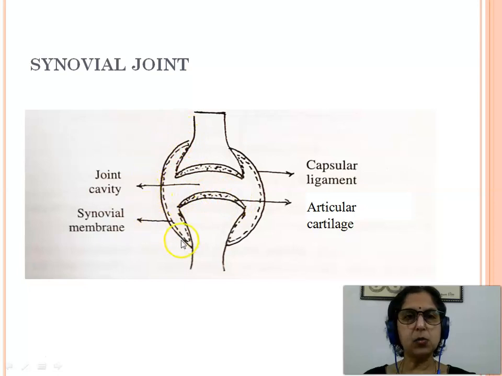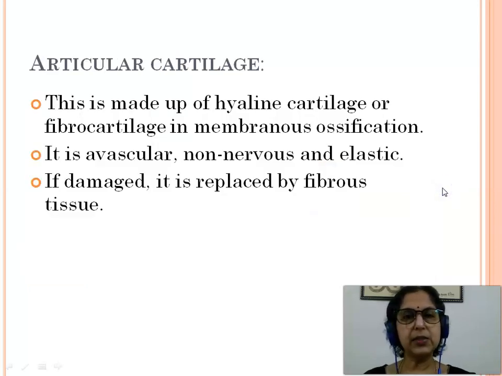And the two bones are connected by the capsule, which has two parts, the outer fibrous capsule, also called the capsular ligament, and inner to it lies the synovial membrane. What we see here is the joint cavity. Now let us see these features a little bit in detail.